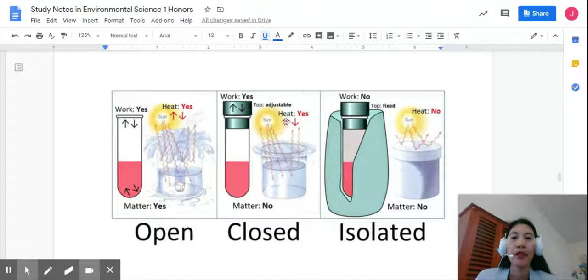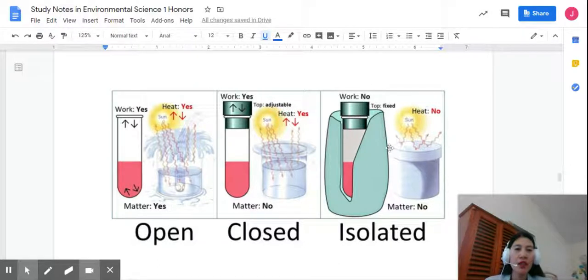You can see here the sun's heat can be released while matter cannot get into the system. That's a closed system. One good example is the thermos.